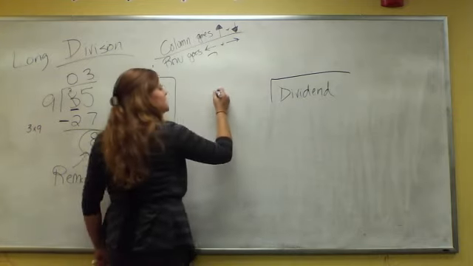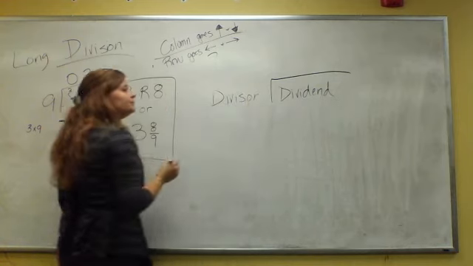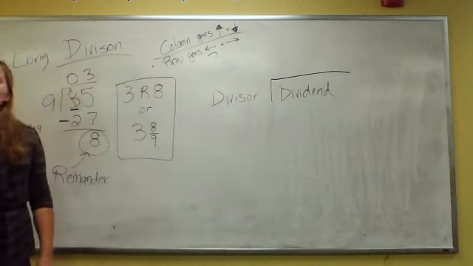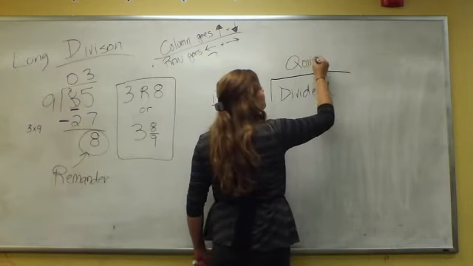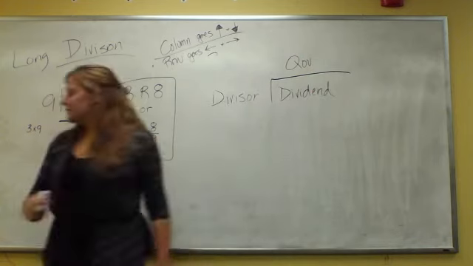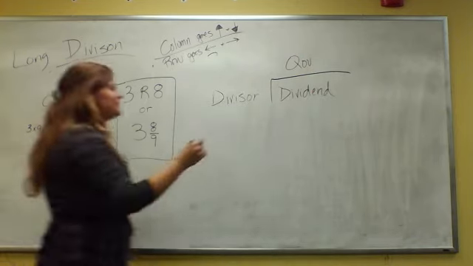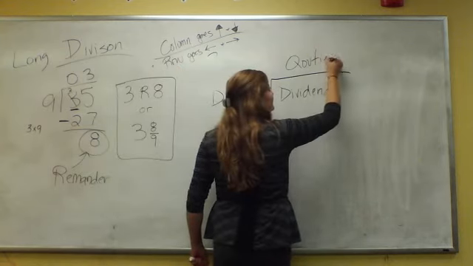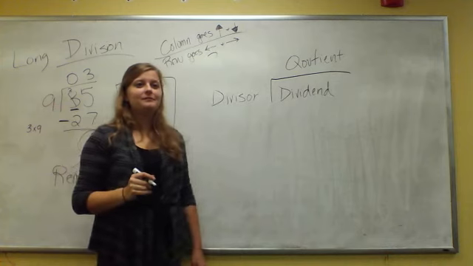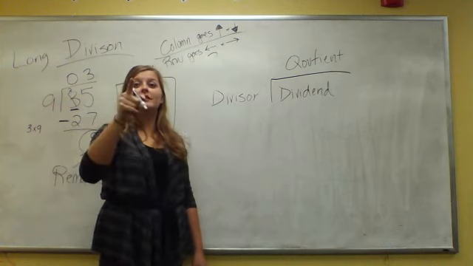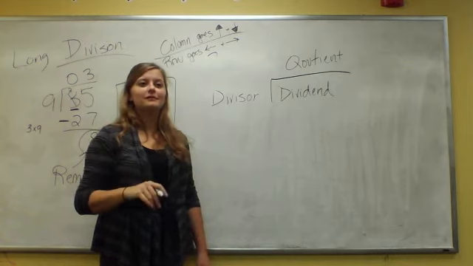The number outside the box is called the divisor. Dividend. Your answer is called a quotient. Alright.